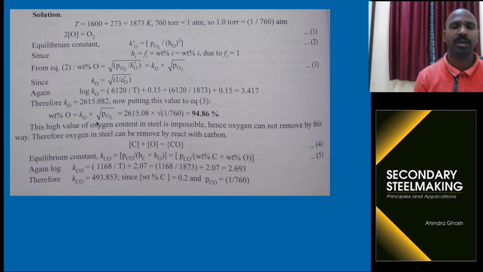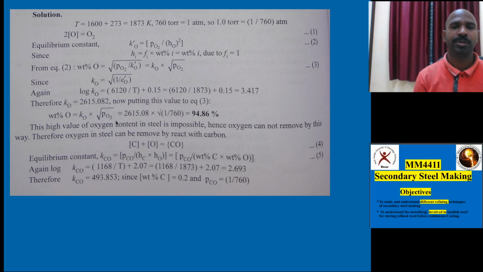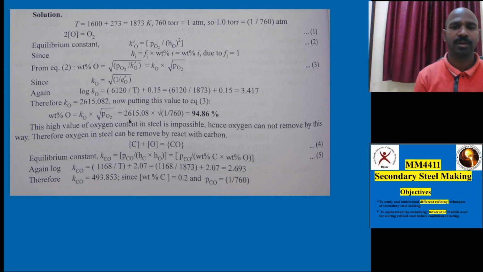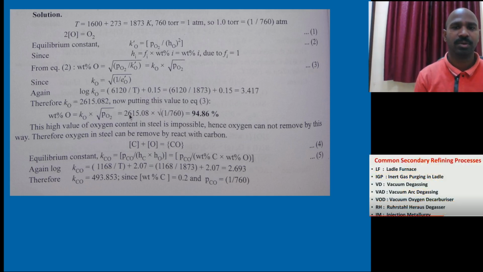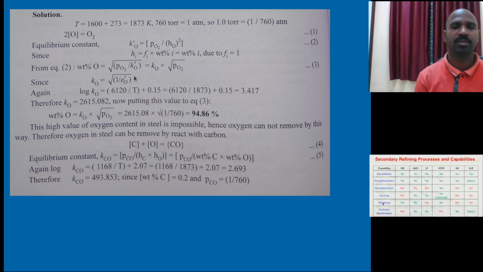Now apply again the equilibrium constant, applying Henry's law. Since it is a gas, it becomes the partial pressure of CO. Since it is the elemental form dissolved in the liquid steel, you apply Henry's law, h of C, and for this also h of O. And since this f of i, as per the single element, is equal to 1, it remains.